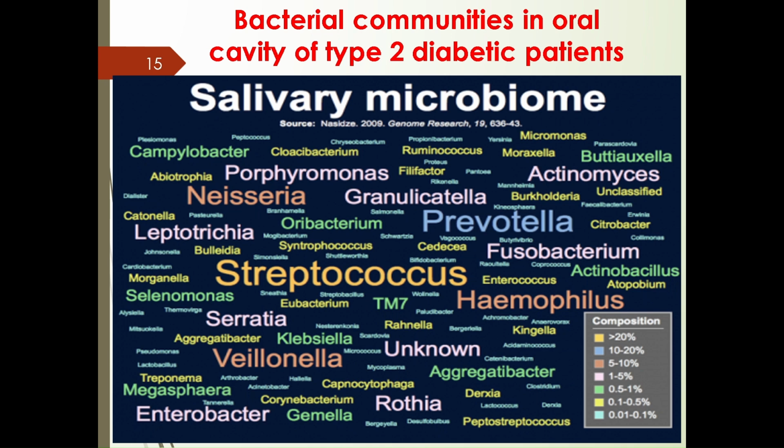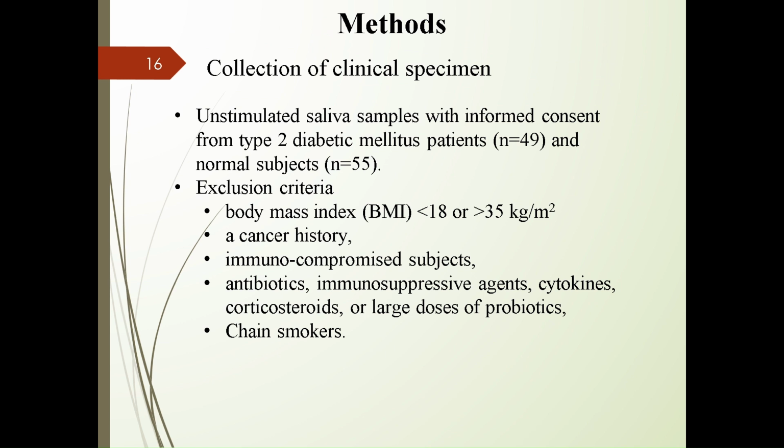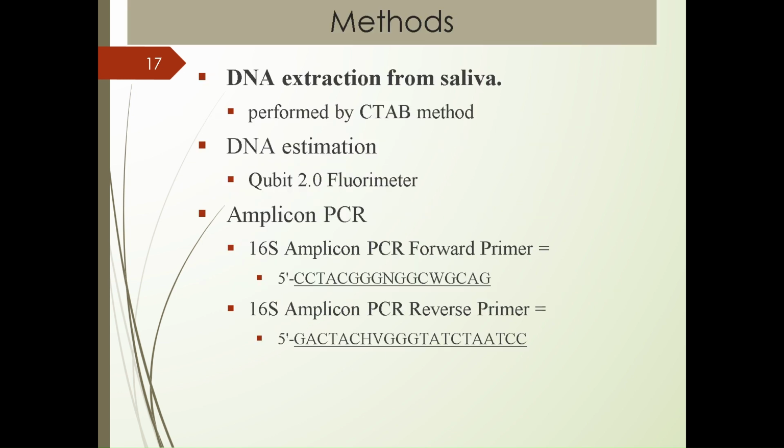What I want to present here is the bacterial communities in the oral cavity of type 2 diabetic patients, the study which we carried out in Karachi. We collected saliva of normal individuals and diabetic individuals, extracted their DNA from the saliva, and then performed metagenomic analysis using next generation DNA sequencing techniques.